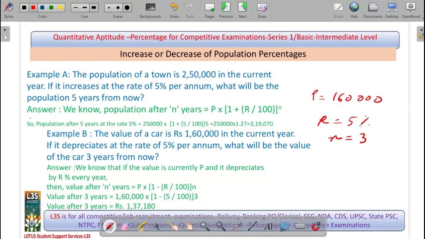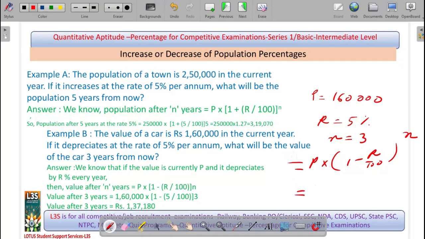So it is a depreciation or decreasing. The decreasing formula we have to use. After 3 years decreasing, it will be P into (1 minus R by 100) to the power n.